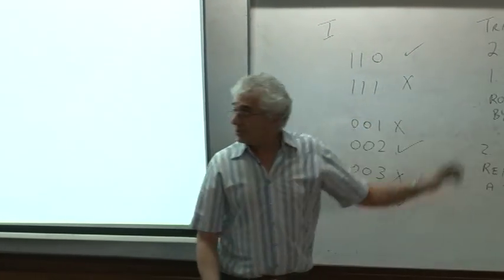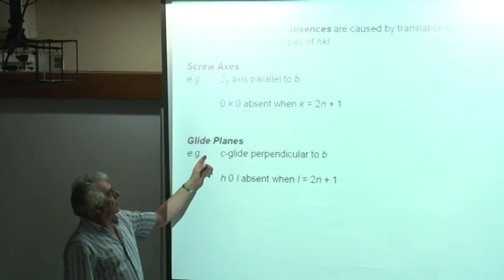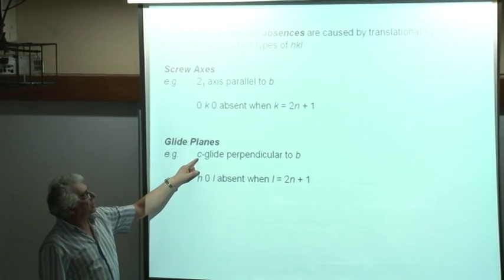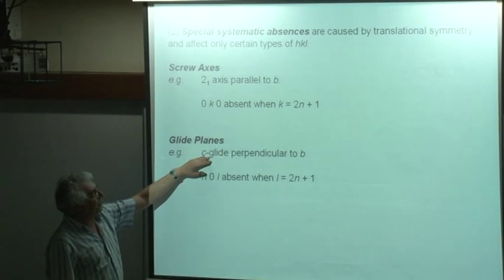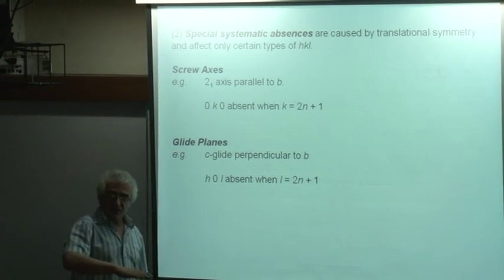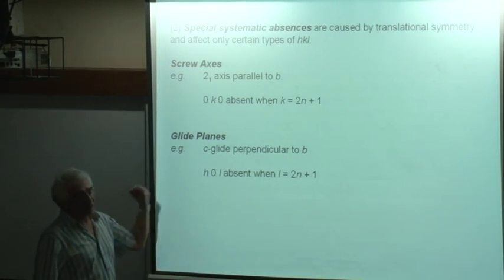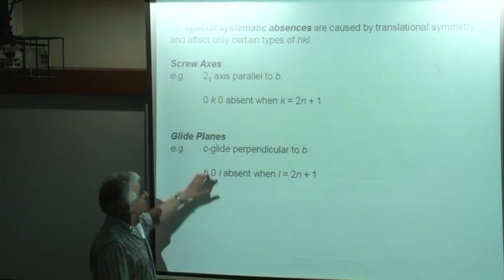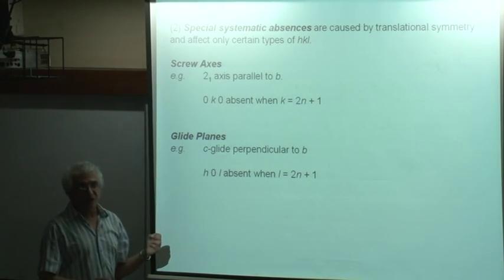So the screw axis, for example, a 2-1 axis, is a rotation of 180 degrees followed by a translation of a half. The glide plane, a C glide perpendicular to B, is a reflection perpendicular to B followed by a translation. When we have these types of symmetry elements present, they affect particular kinds of reflection.